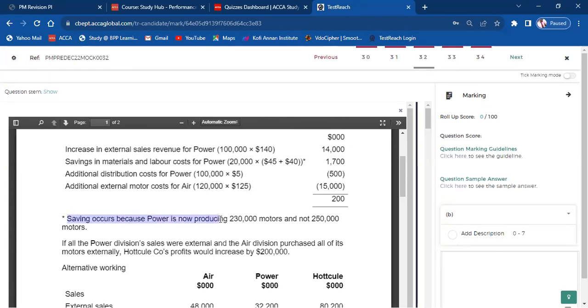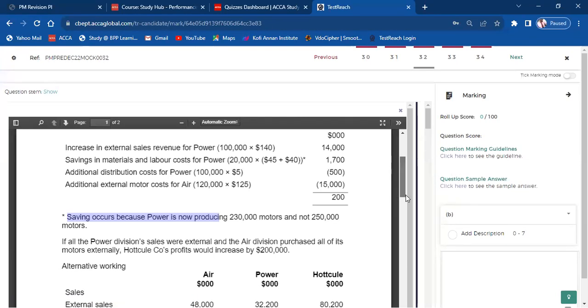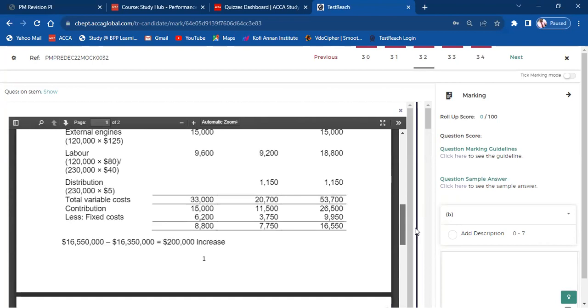Power is now producing 230,000 motors and not 250. So it will not make sense to use all your capacity when you know your brother will not buy from you. That's confirmed. The question has a small twist to this one, so it will be good to practice that also. 750,000.